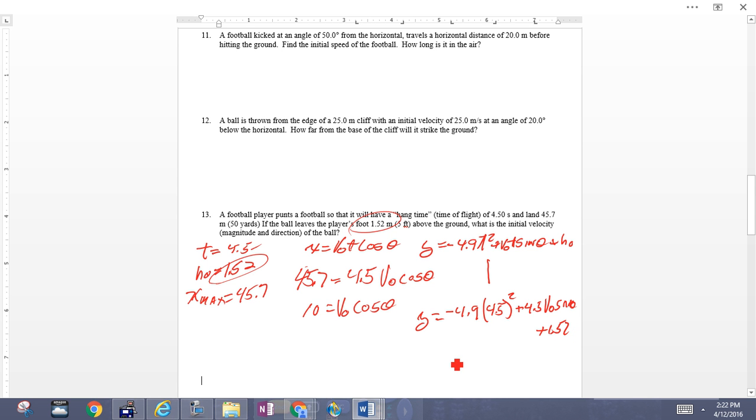Now, let's work out what we have. We know that time occurs when the object hits the ground. So when the object hits the ground, we've got y equals 0. It's at no height there.